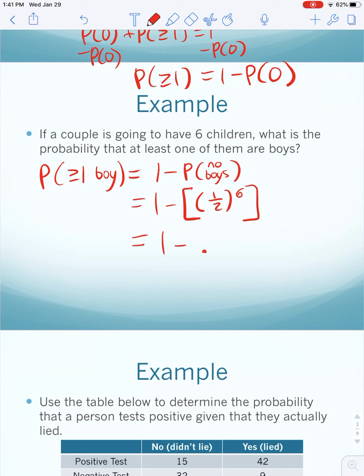So 1 minus 0.5 to the 6th, and I could type that into my calculator. 1 minus 0.5 to the 6th is 0.984. So this is the probability that at least one of the 6 kids is a boy.